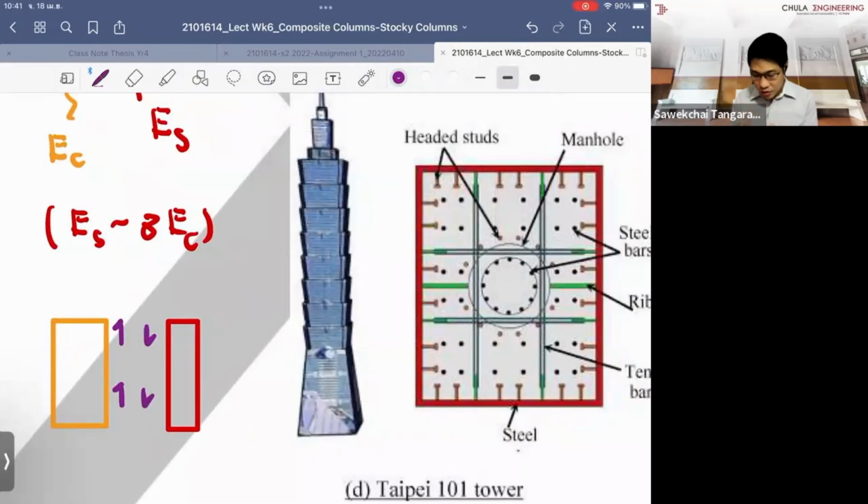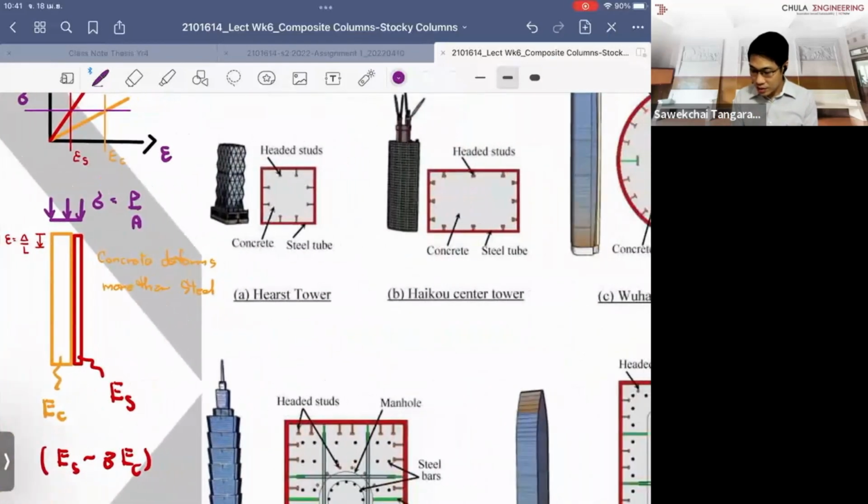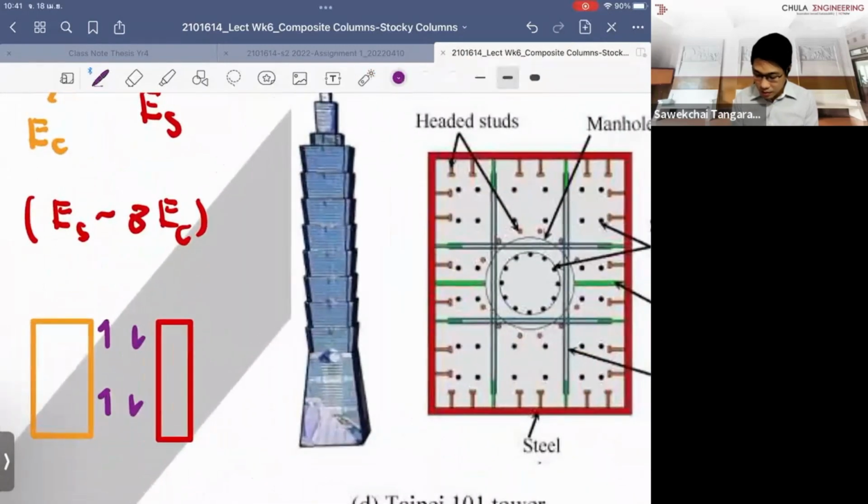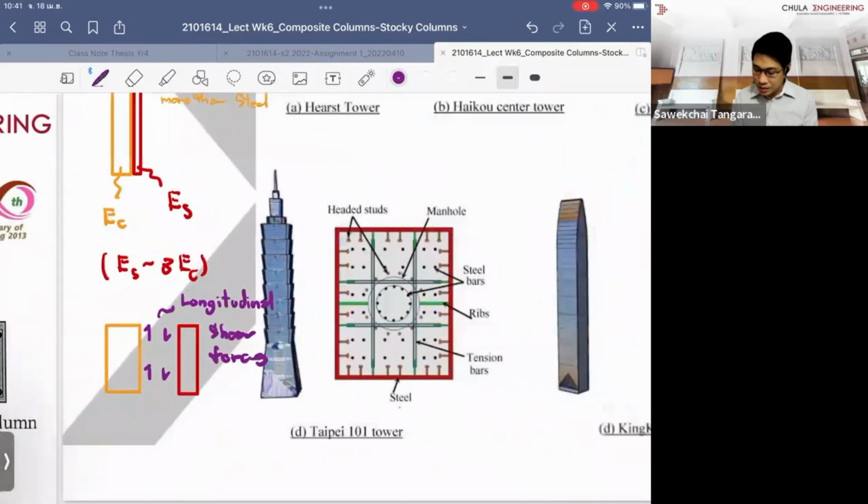Not different, the same shear force, but there will exhibit the shear force, right? To make two of the materials stick to each other, we need the shear stud that can take out the shear, which we call the longitudinal shear. It has to be resisted by the shear stud.